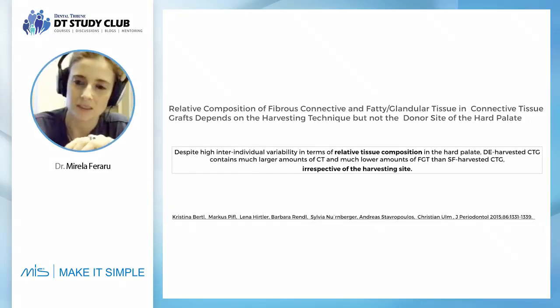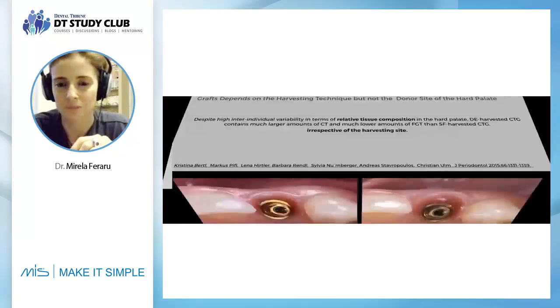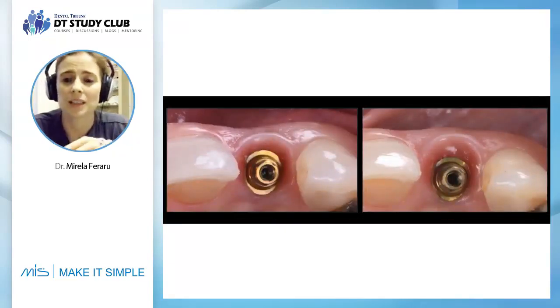So just by the technique itself, we can influence the type of tissues that we are going to have at the end, and it doesn't necessarily have to do with the area of the palate that we are harvesting.